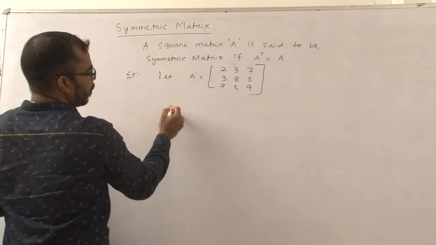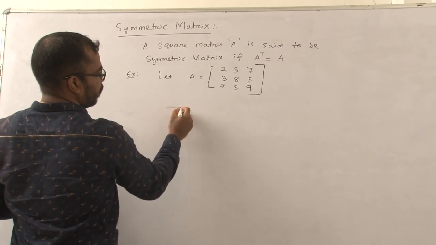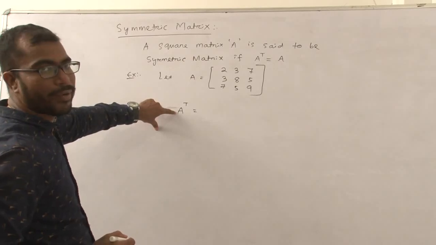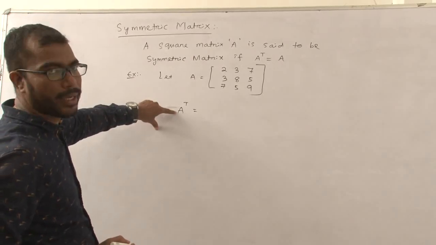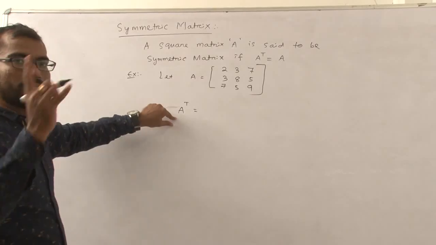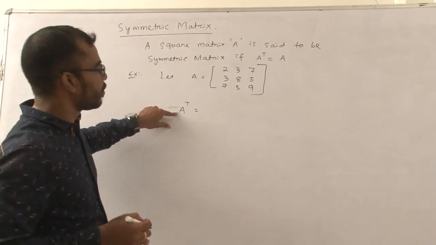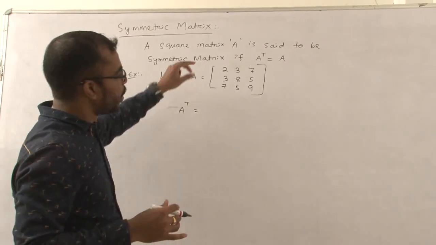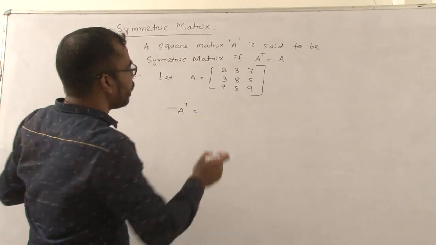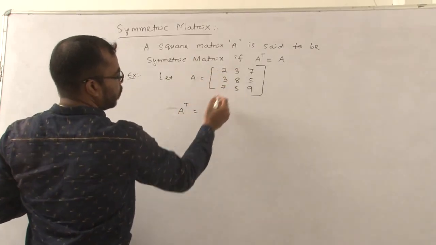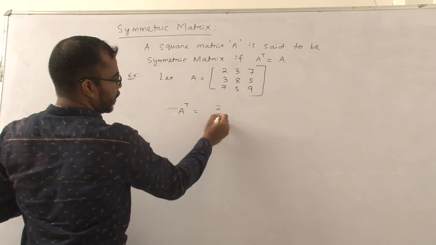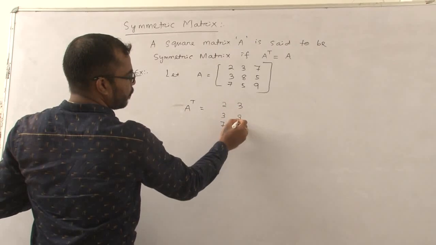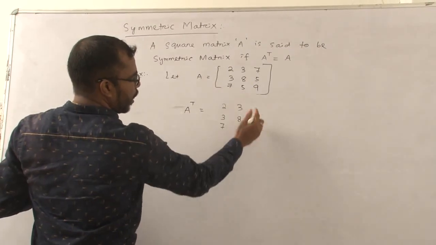Now first of all, find the value of A transpose, that means transpose of A. In the previous session we discussed how to calculate transpose of A. Transpose of A means converting rows into columns. So transpose of A is equal to: first row changes to first column, so it is 2, 3, 7, and second row changes to second column, and third row changes to third column.